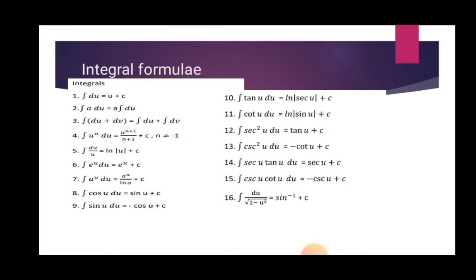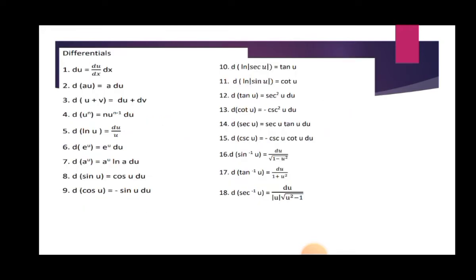And also, there are the differentials. First, du is equal to du over dx, and d of e u is equal to e du. d of u plus v is equal to du plus dv. d of u raised to n is equal to n u raised to n minus 1 du. d of ln u is equal to du over u, and sixth, d of e raised to u is equal to e raised to u du.